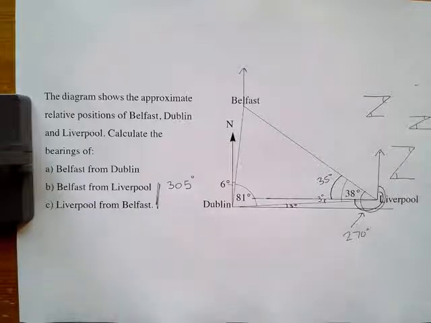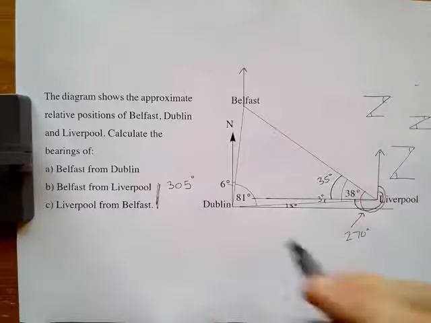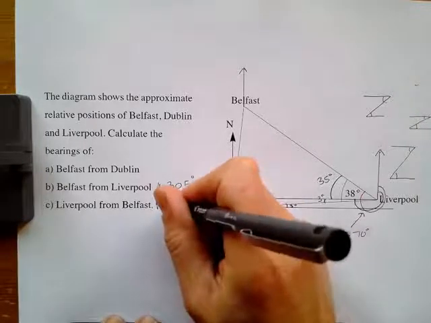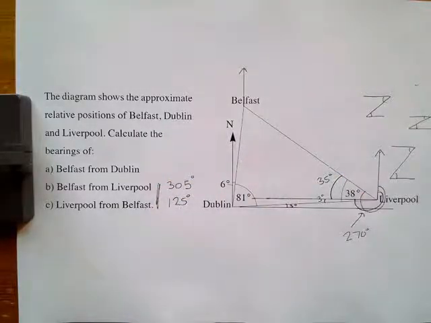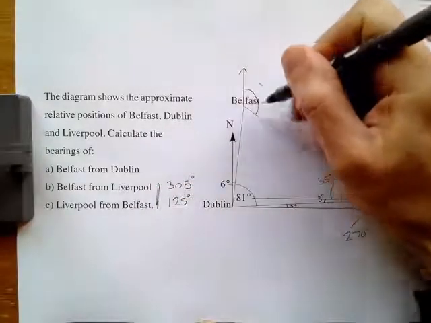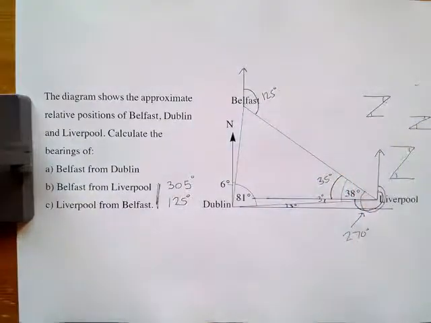In this case, because it's more than 180, I'm going to take 180 off that value, and if I do that, I get the bearing Liverpool from Belfast is 125 degrees. So that angle there would be 125 degrees.